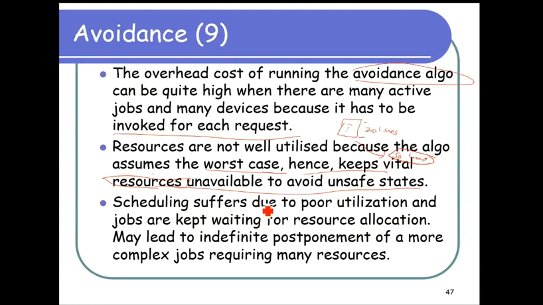If you just keep some resources unavailable, it's wasted. Jobs are kept waiting for resource allocation, waiting and waiting. It may lead to indefinite postponement of a more complex job requiring many resources.